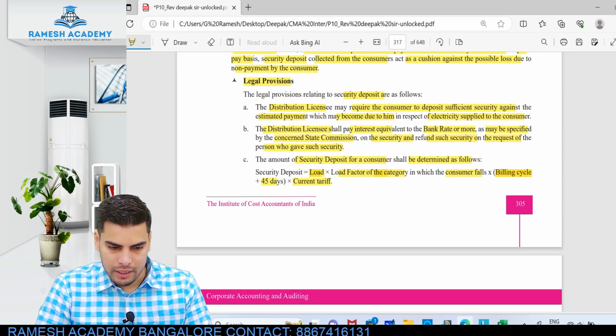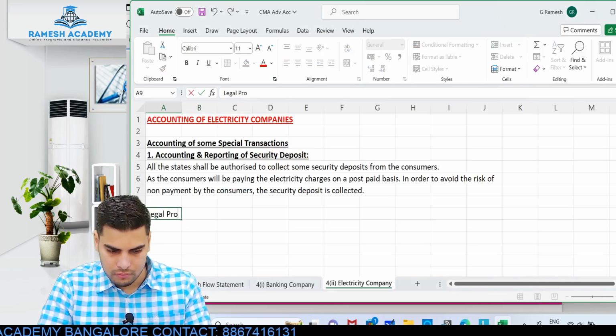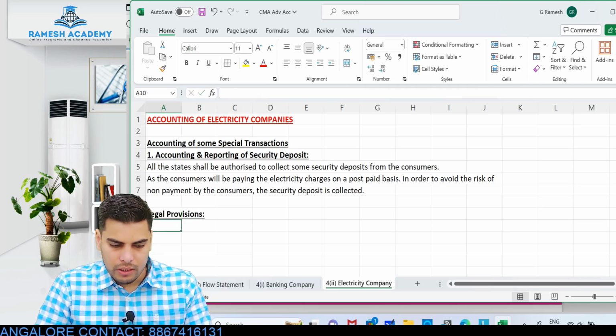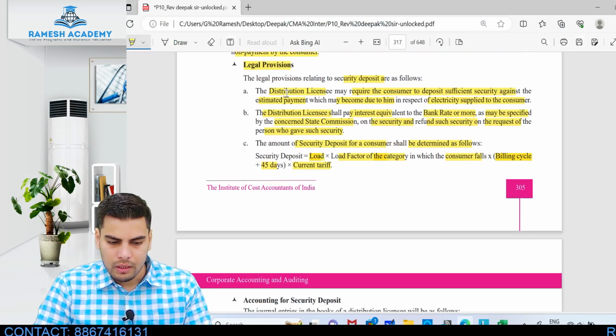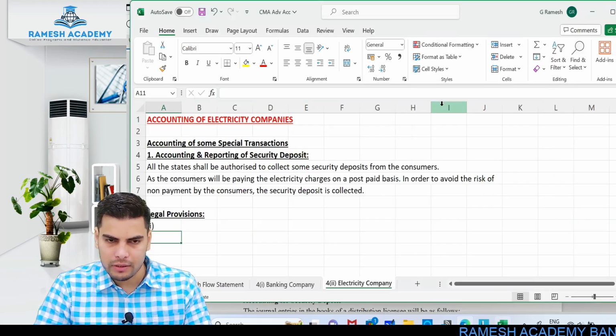Let me write down these legal provisions. What did we discuss in the first point? The distribution licensee may require the consumer to deposit sufficient security against the estimated payment which may become due to him in respect of electricity supplied.